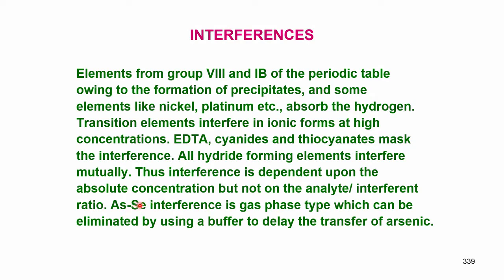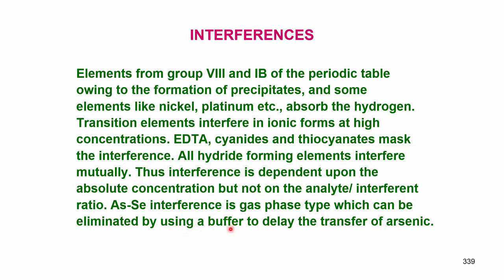It is like finding needles in a haystack, but not just one or two, the total needles in the haystack. So, interference is dependent upon the absolute concentration, but not on the analyte or interference ratio. So, arsenic selenium interference is a gas phase interference, that we cannot do much.